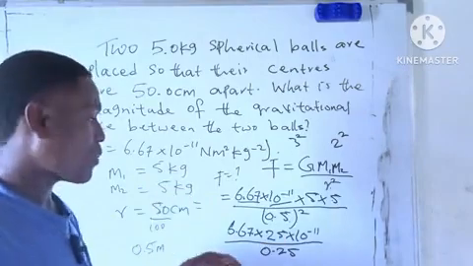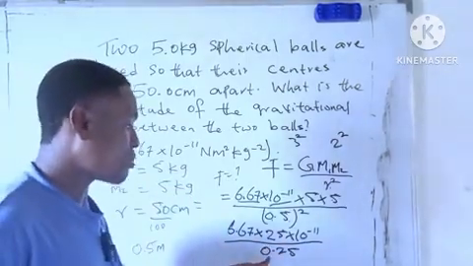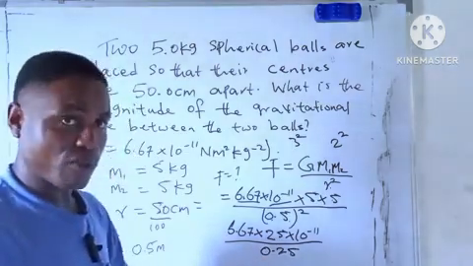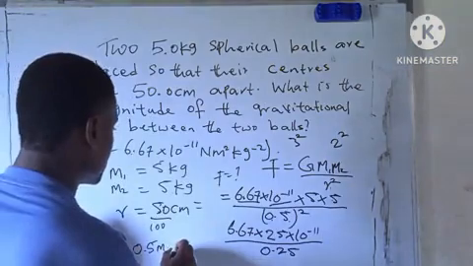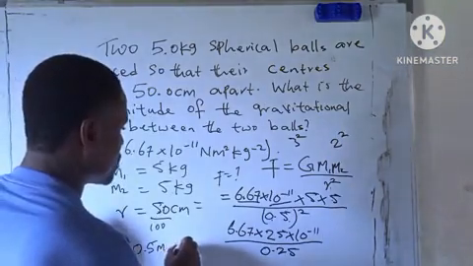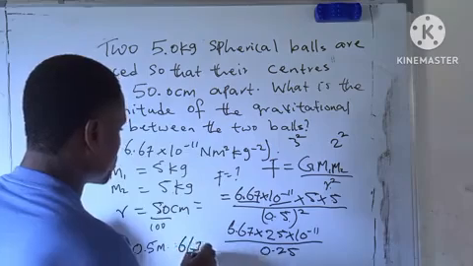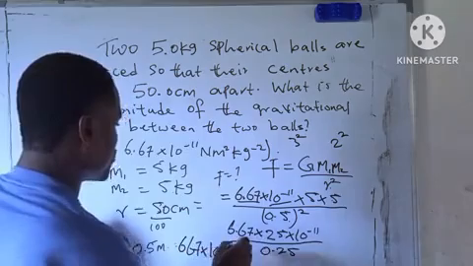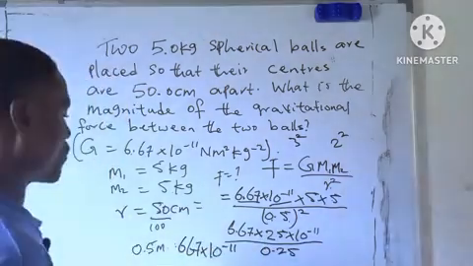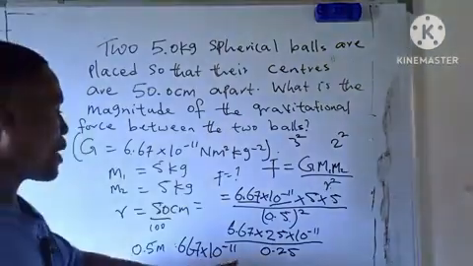You will get a particular number, then divide it by 0.25. So what you will have is 667 times 10 raised to minus 11. This will be your answer.